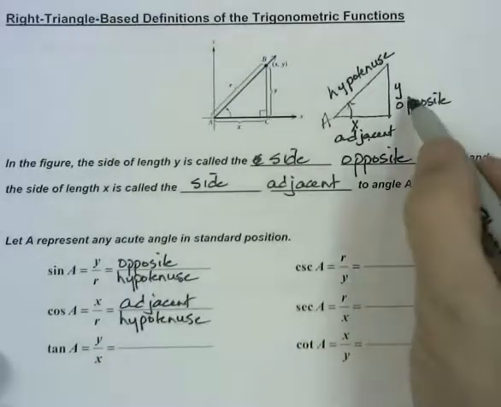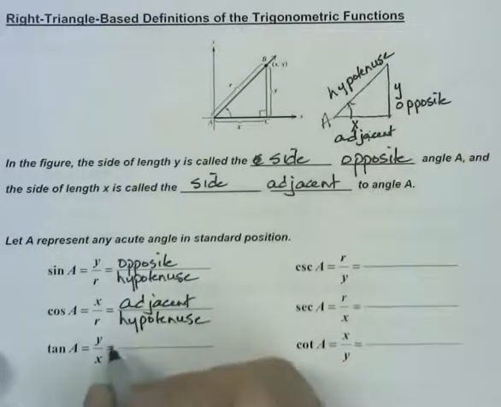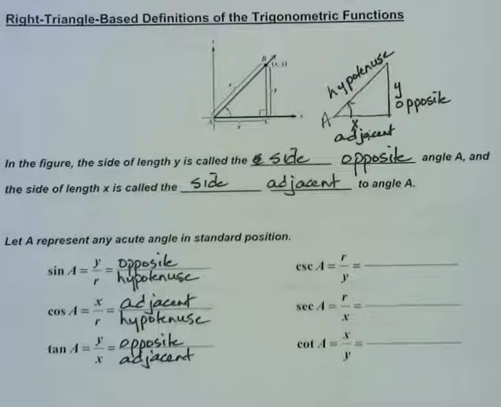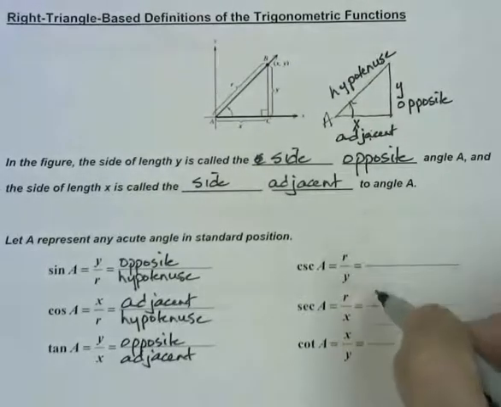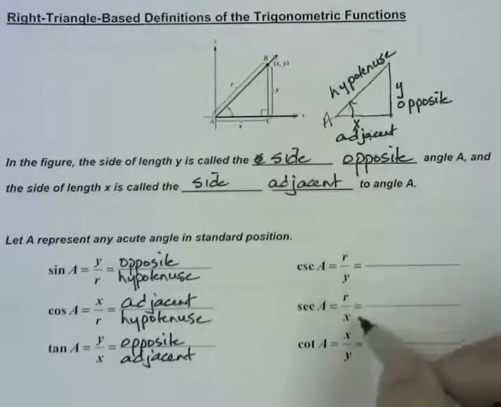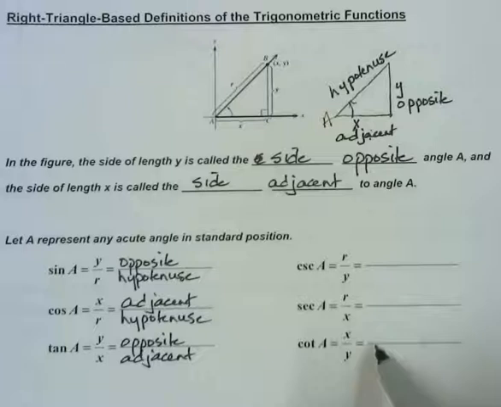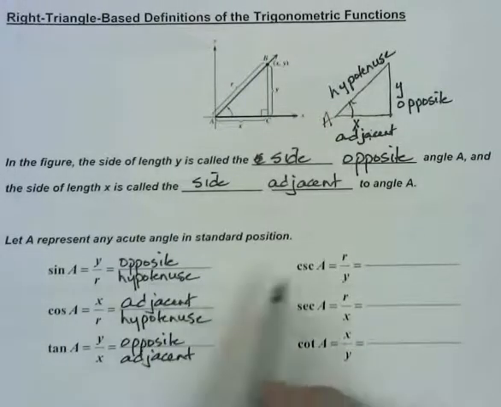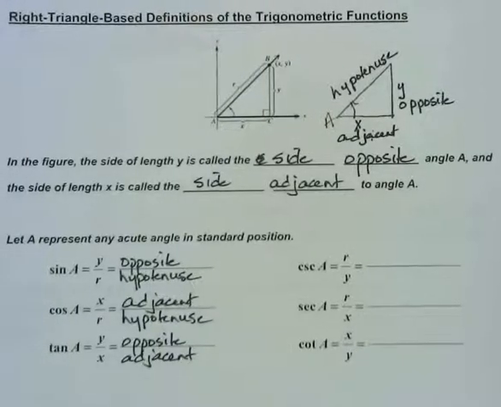And for the tangent, y over x would be the same as opposite over adjacent. Now I'm not going to worry about filling in these functions on this side because they're all just the reciprocals of these ones over here.